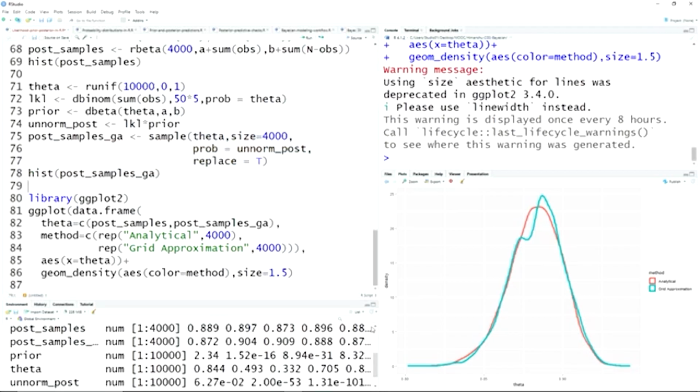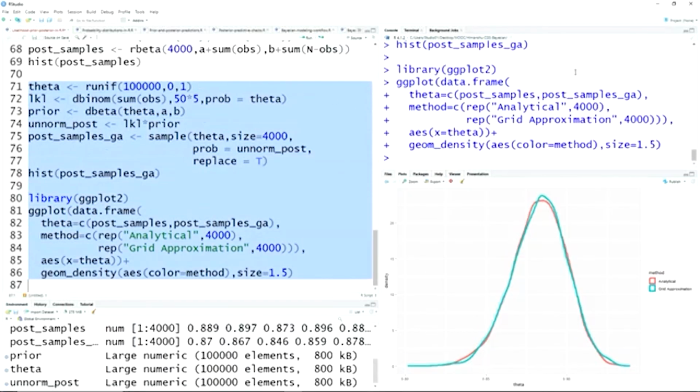Okay, but at least for this case it seems to be working, but there is not a very good posterior recovery, especially in this region. But if you increase the number of grid points here, then this might get better. Okay, so let's see. See, this is already better when you increase the grid points.